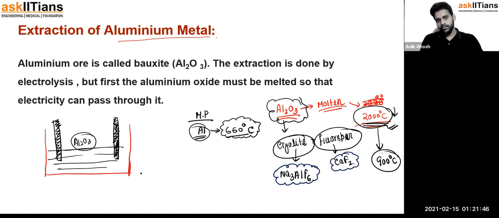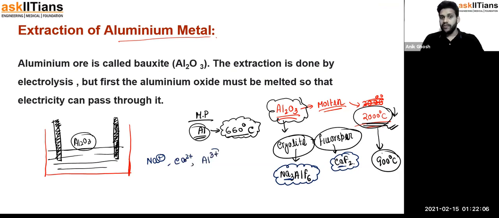What are the competitions over here? Na+ coming from cryolite, and Ca2+ coming from fluorspar. Along with these two, you are getting Al3+.